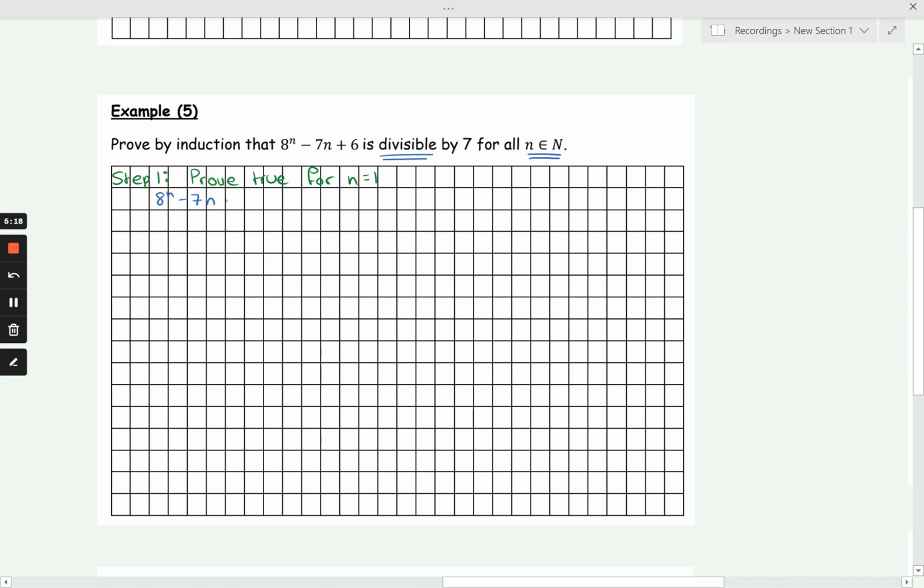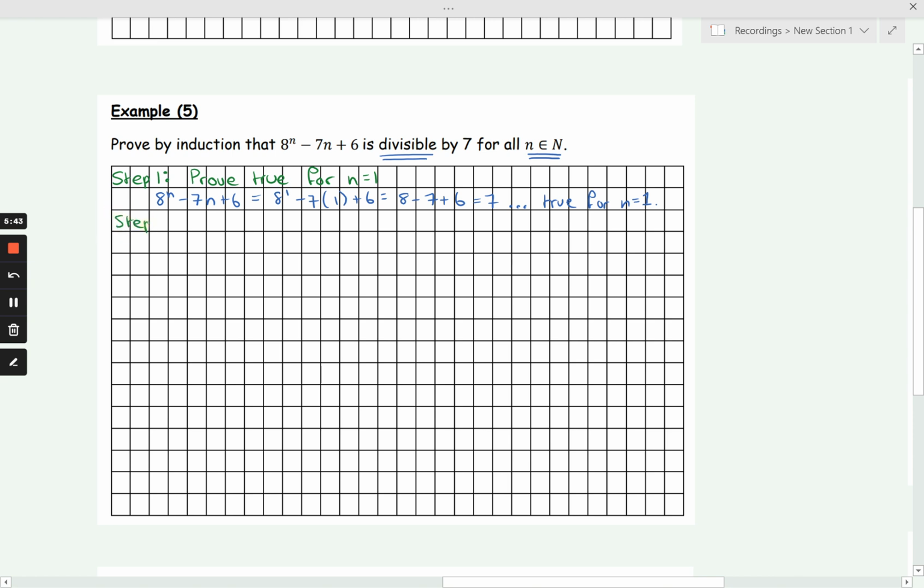So we have 8 to the power of n minus 7n plus 6, which gives me 8 to the power of 1 minus 7 by 1 plus 6, which gives me 8 minus 7 plus 6, which gives me 7. So now I'm going to say true for n is equal to 1, because 7 is obviously divisible by 7.